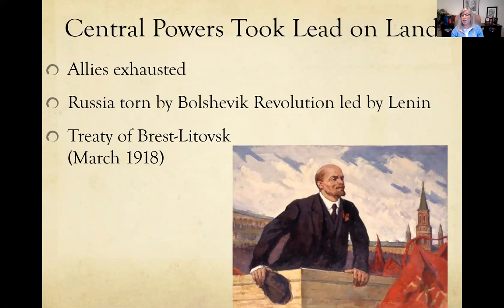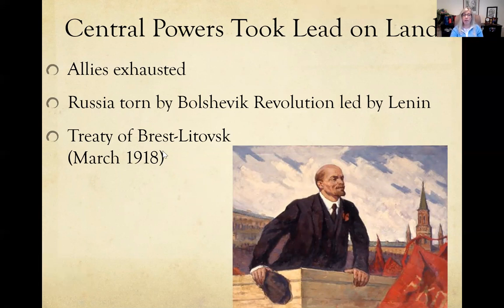Once he comes to power, we know that his authority is kind of unstable. So the last thing he needs to be doing, if you're Vladimir Lenin, is continuing to fight against Germany when you're trying to maintain your own power in Russia. So Vladimir Lenin signs a treaty ending their role in the war with Germany, and that's the Treaty of Brest-Litovsk.